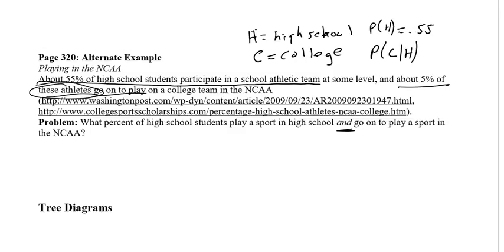And that is 5% or 0.05. So if we want to calculate the ones that do both, the probability of H and C is going to equal the probability of H times the probability of C given H. So 0.55 times 0.05, which is a very small number, 0.0275.